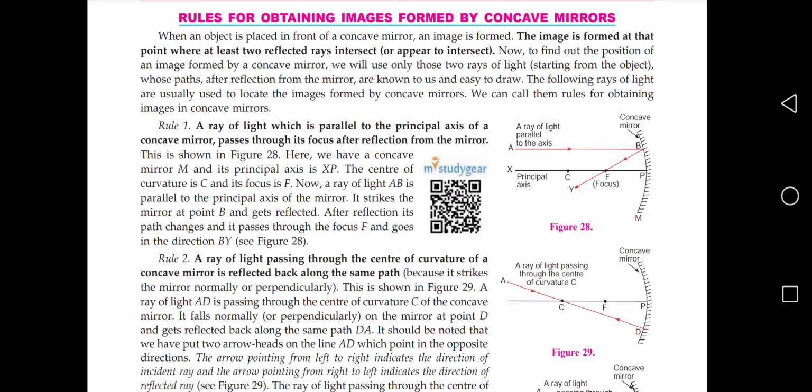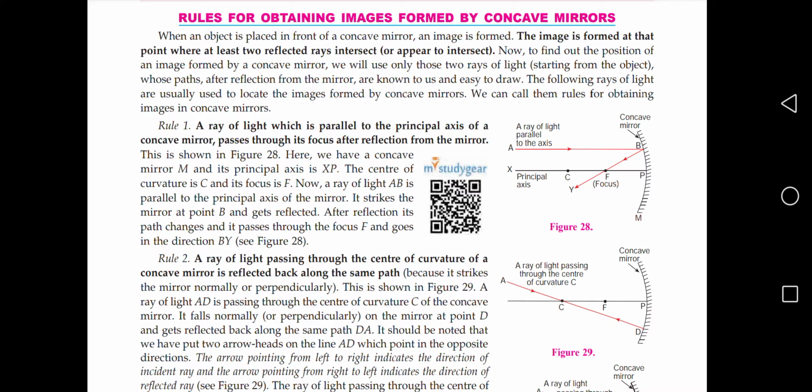In this, there is a ray of light which is parallel to the principal axis, shown in red color, and it is going to hit the concave mirror at point B, and after reflection it is passing through the capital F, that is principal focus.